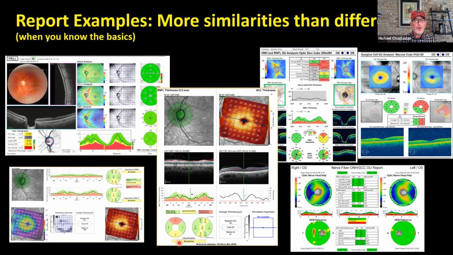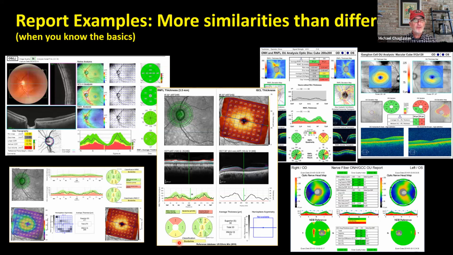So we're all looking at different summary reports. And it's important to really understand the report. And so I'm going to take you through with one device here this evening for the majority of the work, just to show you what I think is sort of the best representation of the different components of a report.